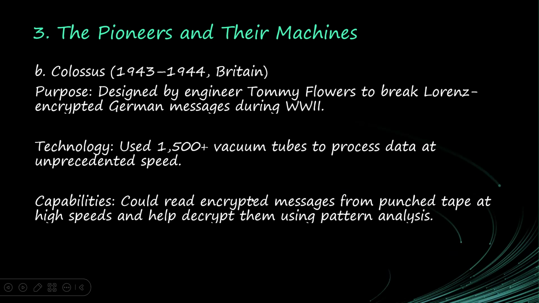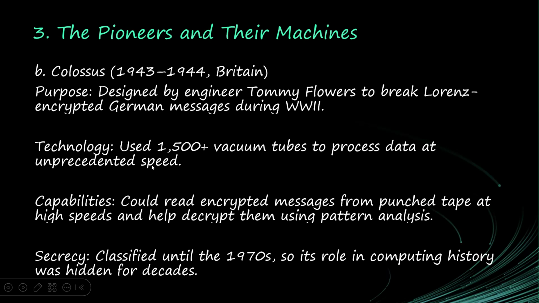It could encrypt messages from punched tape at high speed and help decrypt them using pattern analysis. So you can see that this Colossus was not a general purpose computer. It was designed for one particular purpose: to help the government of Britain to decrypt and encrypt messages.